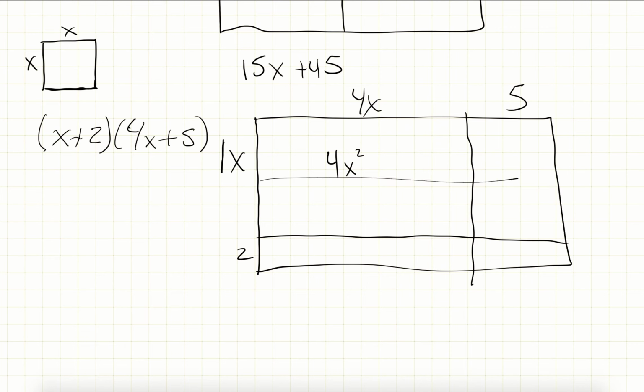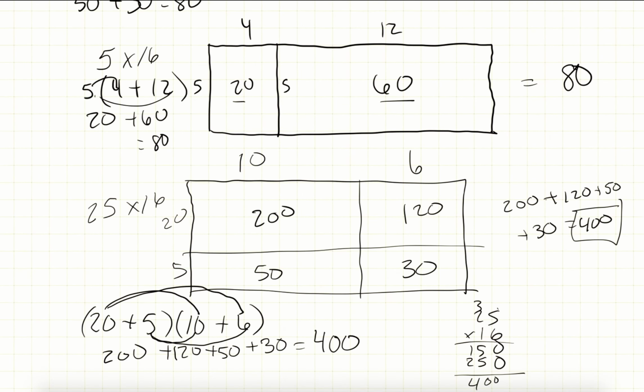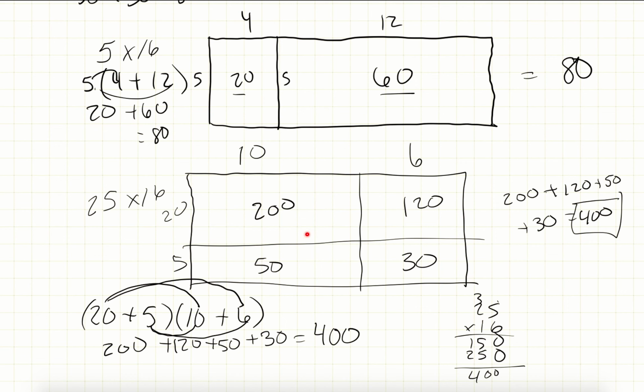All right, then in this box over here, I have 1 times 5 is 5x. And in this box down here, I have 2 times 4 is 8, and then times that x. And then in this box right here, I have 2 and 5. That makes 10. So if I want to find the area of this whole box now, what do I do? I add them together, just like I did back here with my 25 and my 16.